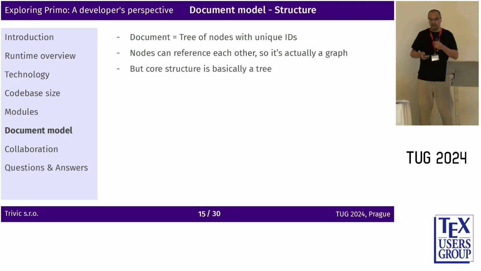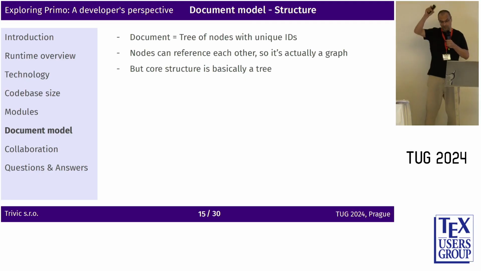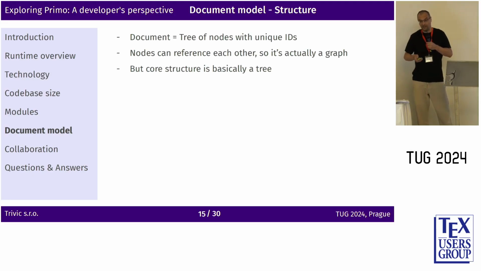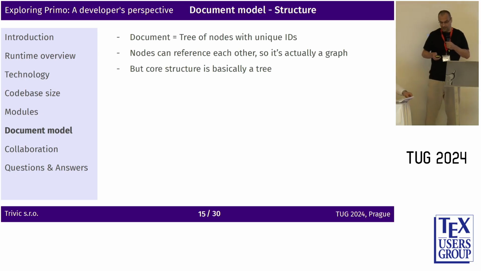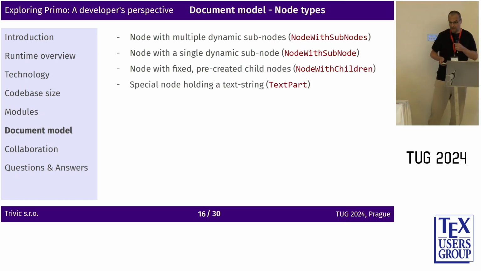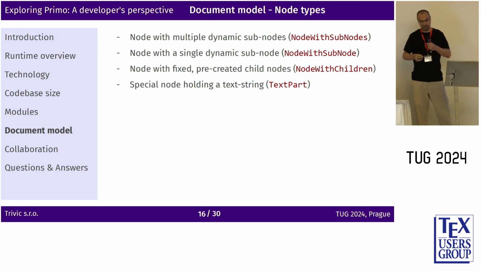So when the document is loaded to the memory, it is represented as a tree of nodes. It is very easy to just visualize a tree of nodes. And each node has a unique ID. We can quickly get from the ID to the node. This is more like a little bit of detail.